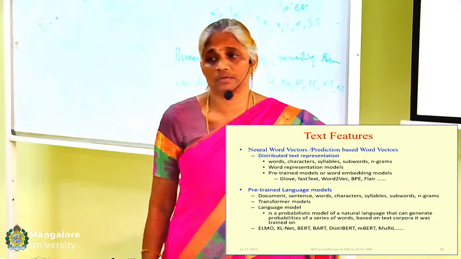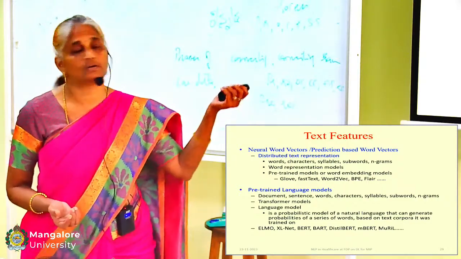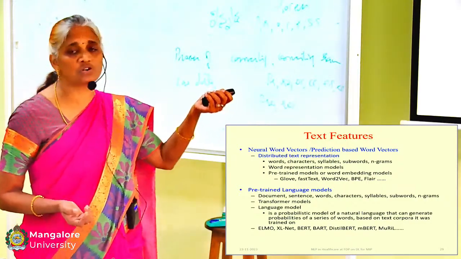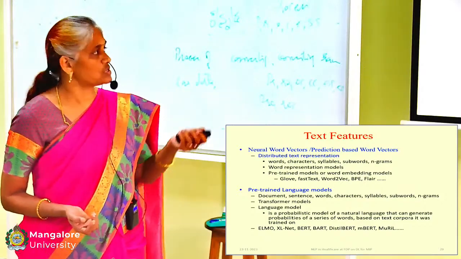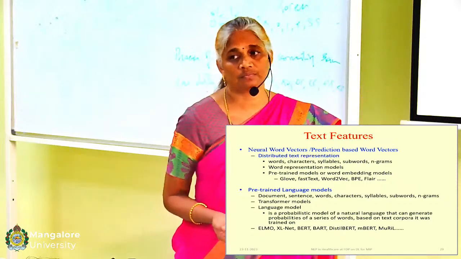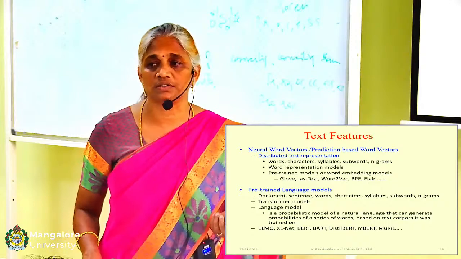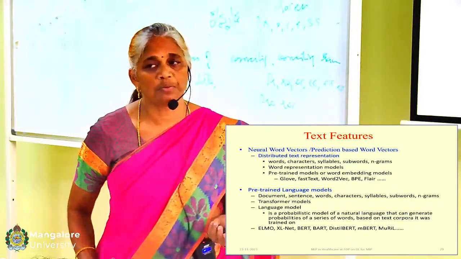Again, you can have the list. Not only this, we also have domain-specific ones. These are called pre-trained models or word embedding models, and all of them started with word2vec, when Mikolov started it in 2013. This was the first pre-trained model.